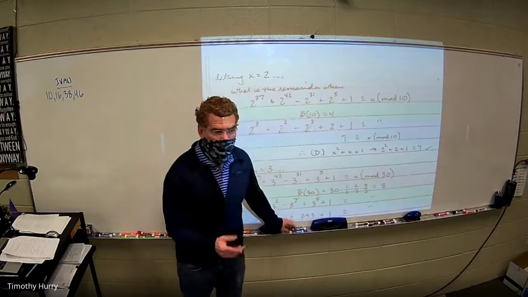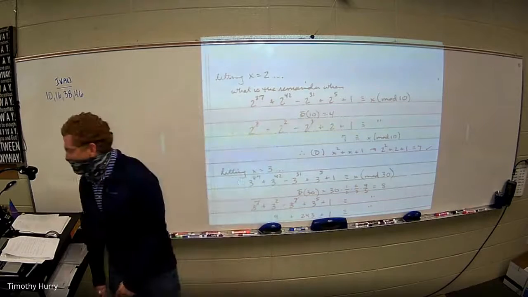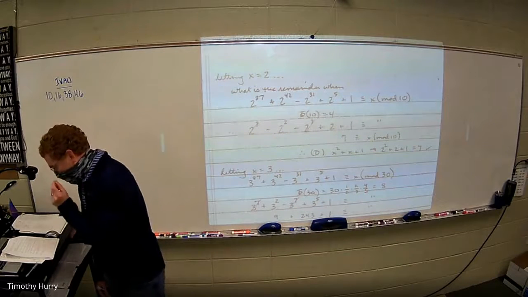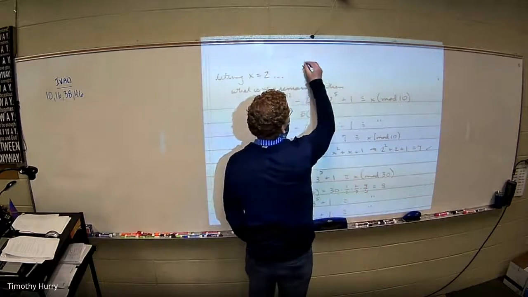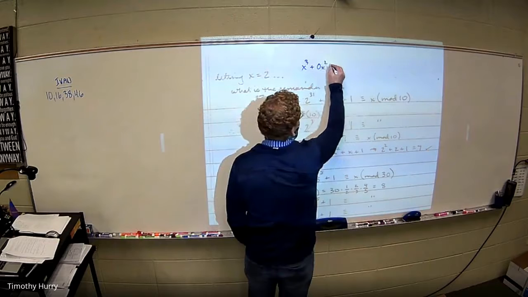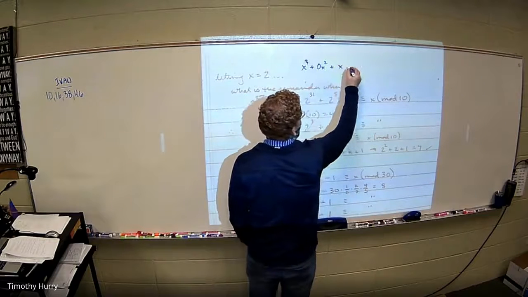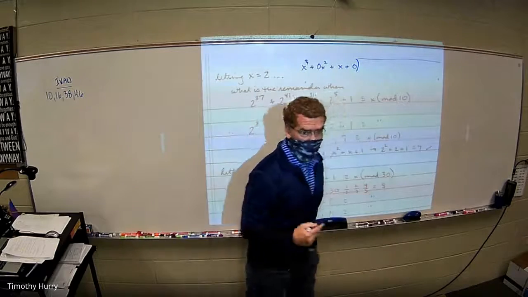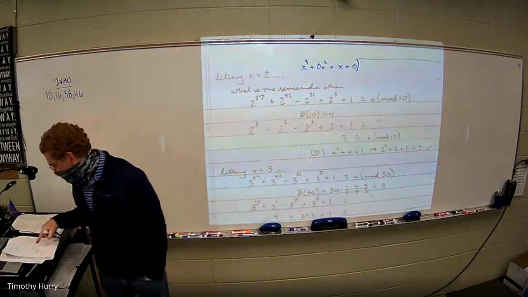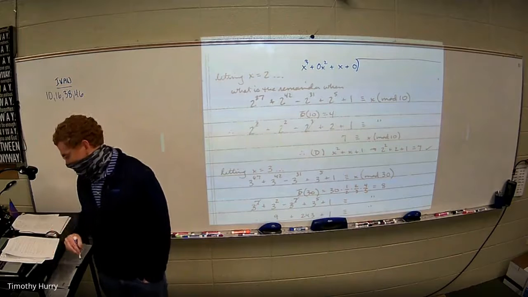Maybe for you, truly, just take your x cubed plus x, which would be x cubed plus 0x squared plus x plus 0, and divide that into x to the, well, that's going to be really ugly.